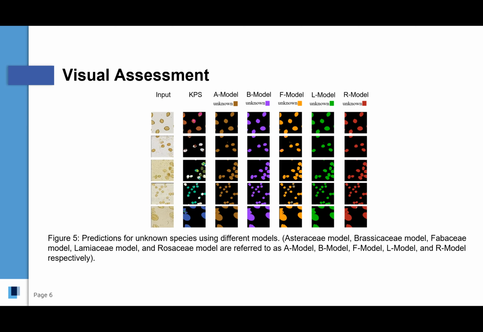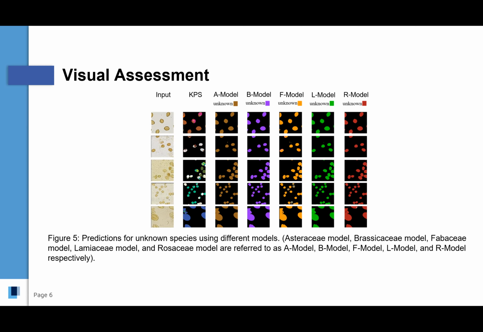For convenience, here we name the family-specific UKPS models based on the first letter of the corresponding family name. Figure 5 shows the predictions of 5 unknown pollen species. The KPS of the baseline is supposed to assign a background label to pixels that do not correspond to a known pollen species, either because they correspond to background or are unknown.